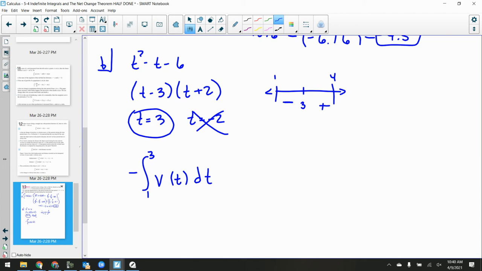If I just take the integral from 1 to 3 dt, that's going to be a negative displacement, right? I'm moving in the negative direction from 1 to 3. So if I want total distance traveled, I want the opposite of that. I want to turn that positive. And then I'm going to add the integral from 3 to 4, because that's going to be my positive velocity.